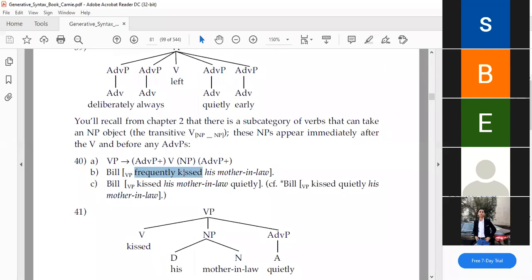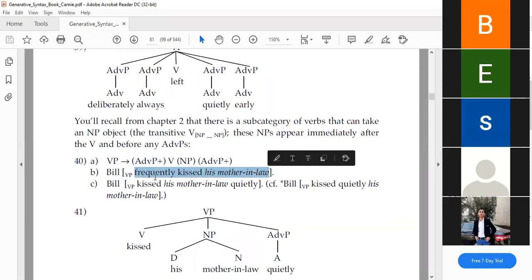So we need to add the adverb. The adverb is part of the VP, because the adverb frequently modifies kissed, not Bill. So frequently here modifies the verb, not the subject. According to the principle of modification, frequently must be part of the VP: frequently kissed his mother-in-law.